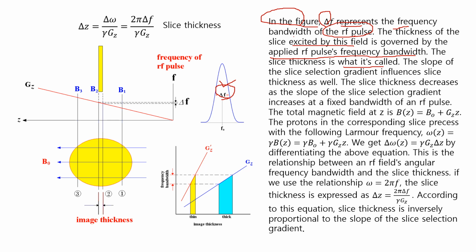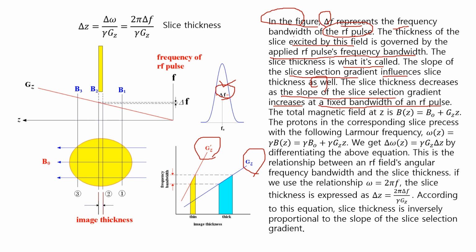The slope of the slice selection gradient influences slice thickness as well. The slice thickness decreases as the slope of the slice selection gradient increases at the fixed bandwidth of the RF pulse.